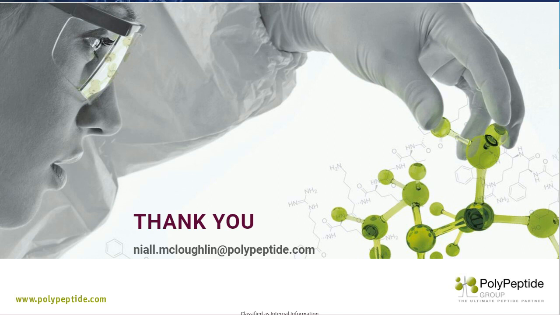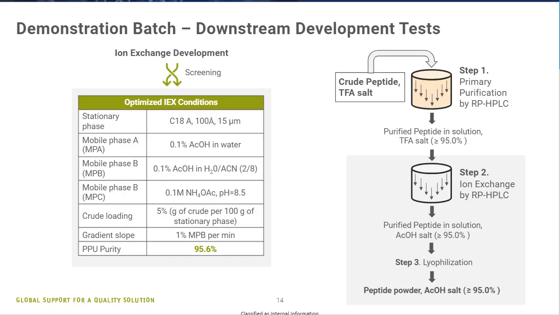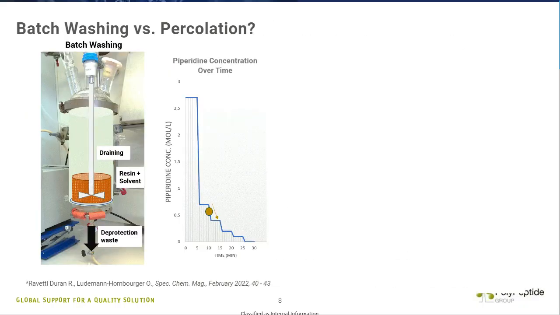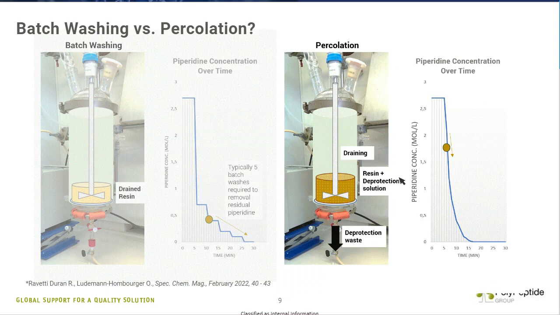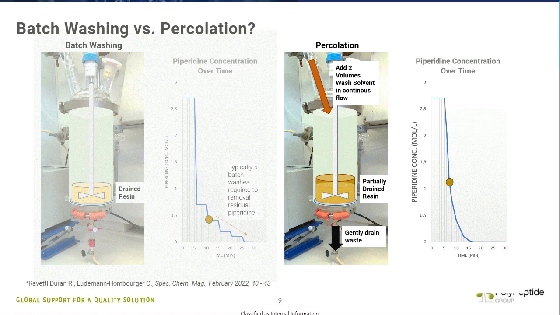Our next question is: how do you prevent bed inhomogeneities and secure plug flows when doing percolations? In terms of percolation, I will go back to my slide because I think that would explain it a little better. In our percolation, we don't have a fixed bed.